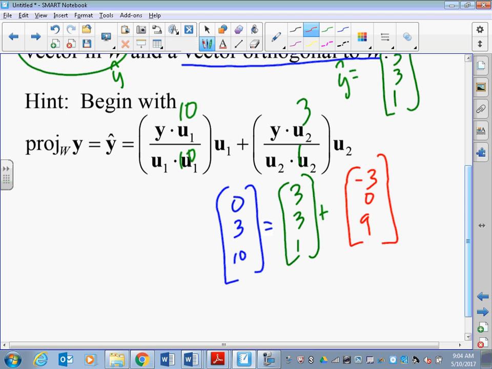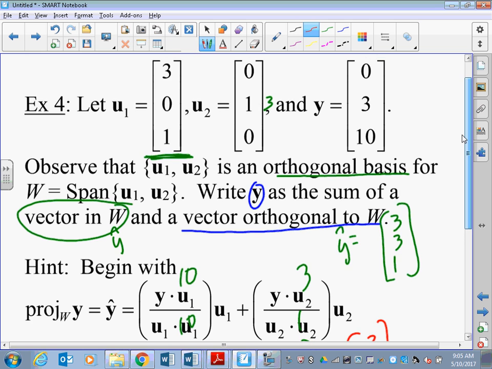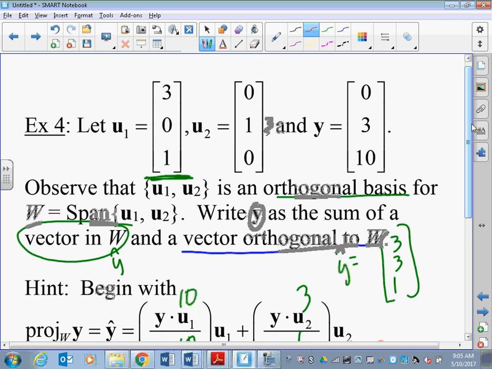And now those two vectors are orthogonal. This one is orthogonal to W. So we're going back up here, just double checking that we did it correctly. Negative 3, 0, 9. This vector is orthogonal, or perpendicular, to W. And for W, all we did is basically put scalars on those. We can double check we did that correctly because z dotted with u1 is, what's z dotted with u1?